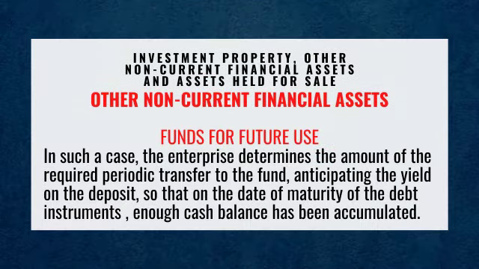In such a case, the enterprise determines the amount of the required periodic transfer to the fund, anticipating the yield on the deposit, so that on the date of maturity of the debt instruments, enough cash balance has been accumulated.